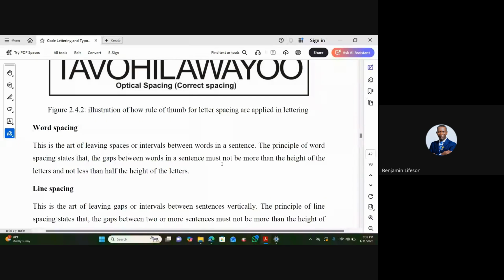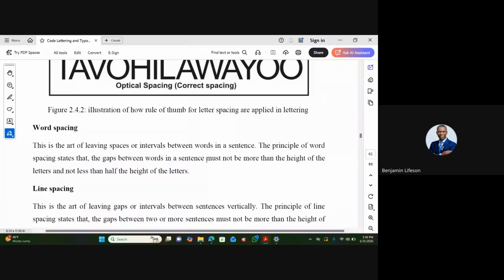The principle of word spacing states that the gap between words in a sentence must not be more than the height of the letters, or less than half of the height of the letters. So that is it.